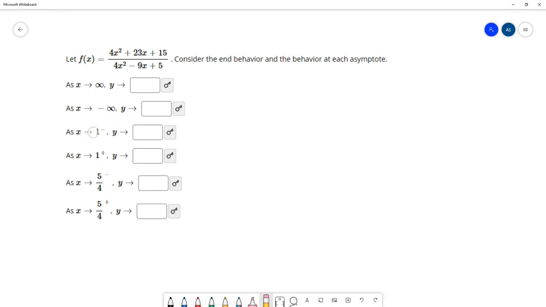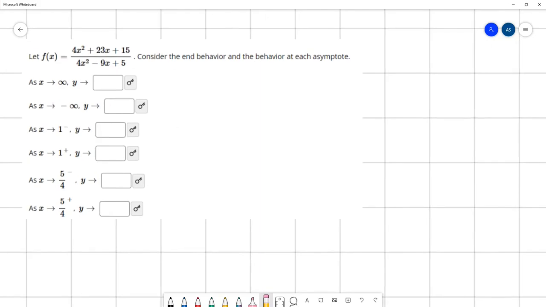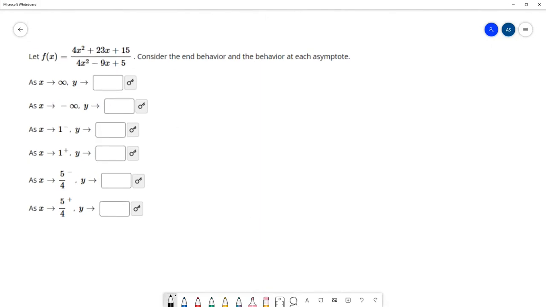And our vertical asymptotes will be at x equals 1 and 5/4. So what I'd like to do is to find the vertical asymptotes myself. And to do that, I'm going to factor the numerator and denominator.